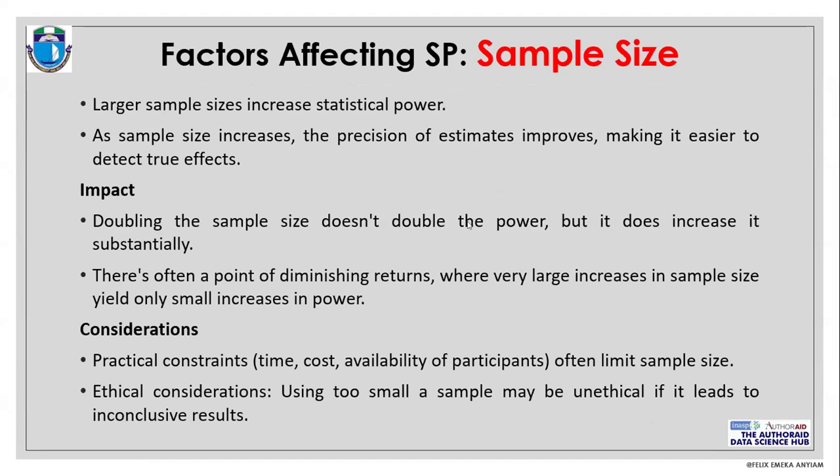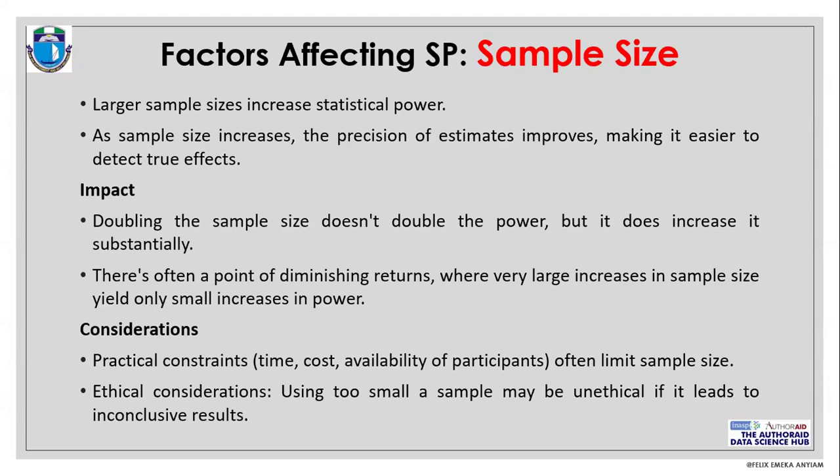When your sample size is too small, you may be committing a type 2 error, meaning that the sample size is too small to actually detect any substantial findings. And like someone just mentioned, some of the practical constraints can be time, cost, and availability of participants.